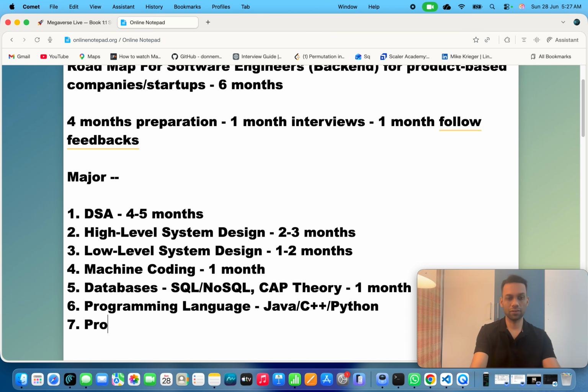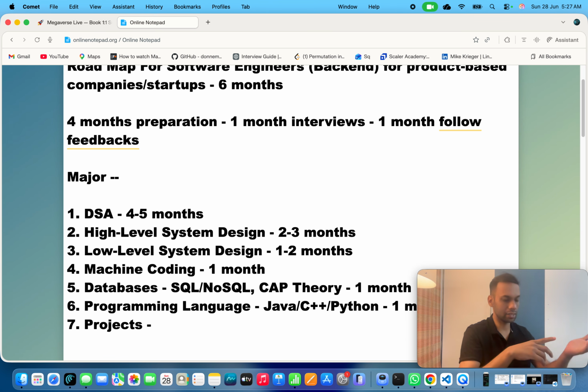Seventh is obviously your projects. The language is going to take around a month. And projects are what you have done in your final year of engineering, or in your current company, what projects you are working on and what your contributions are. If it is an engineering project, make sure you put it on GitHub in working condition, with a readme.